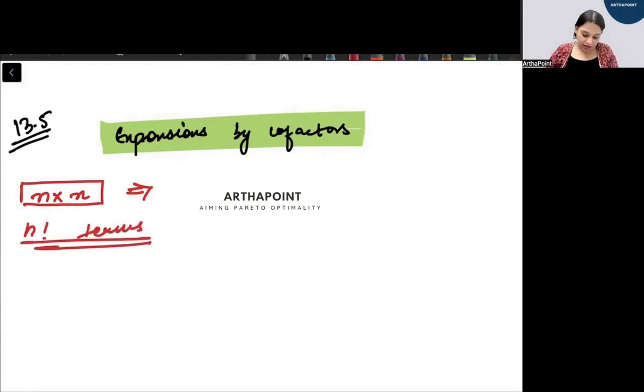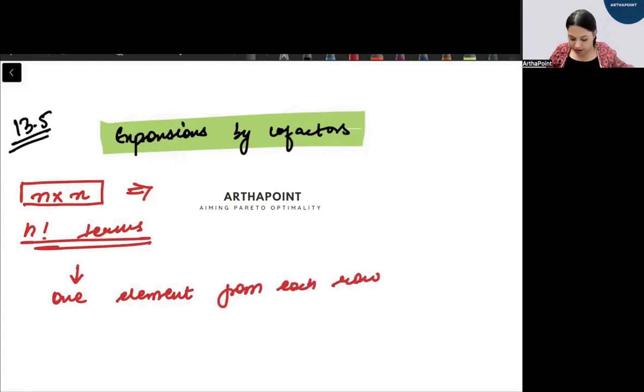right? And what you do is, in these n factorial terms, you will notice that there will be one element, ये हमने पहले भी बात की थी, from each row, and you will have one element from each column.